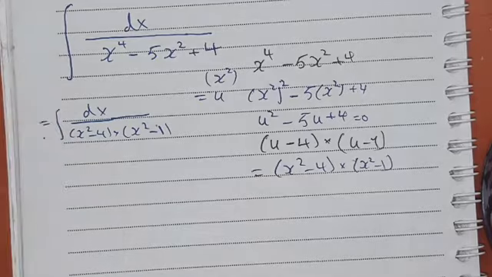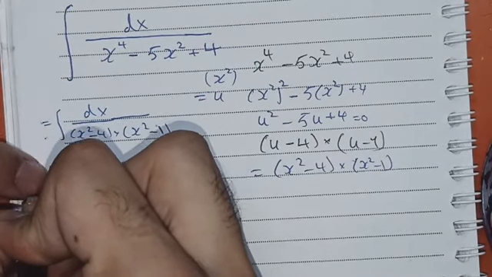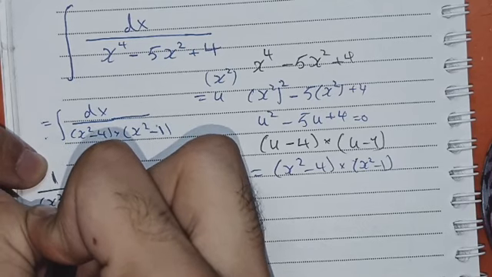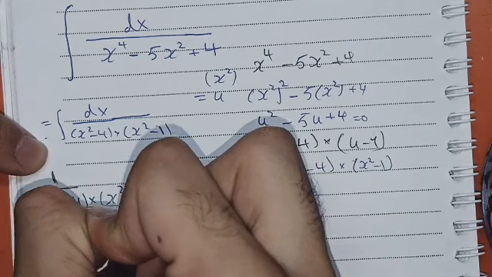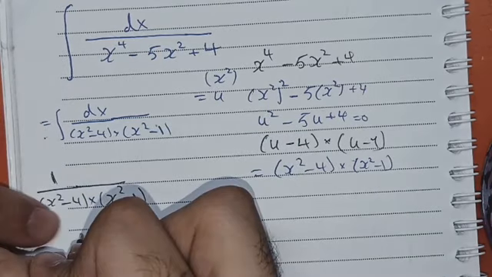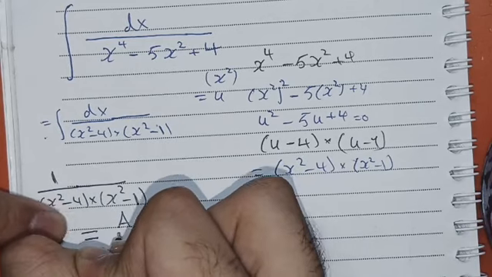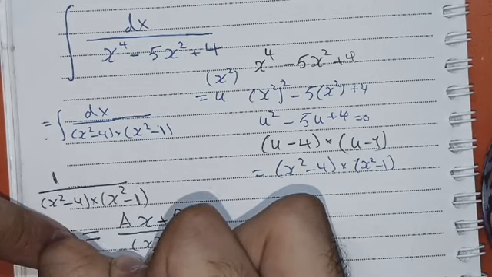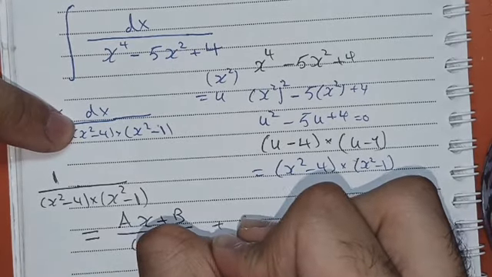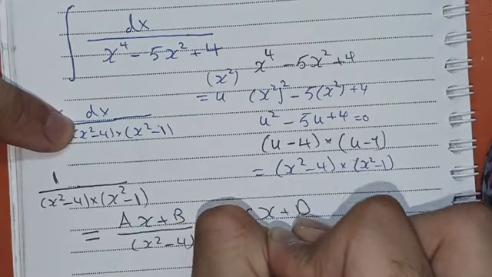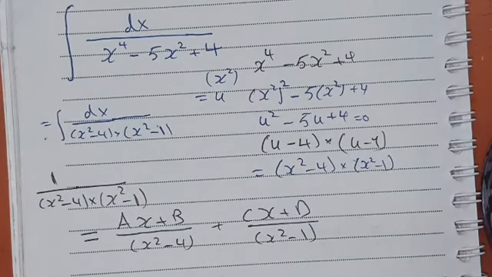Now we can take 1 over (x² − 4) multiply (x² − 1) and equate it with (ax + b) over (x² − 4), the first factor, plus (cx + d) over (x² − 1), the second factor.